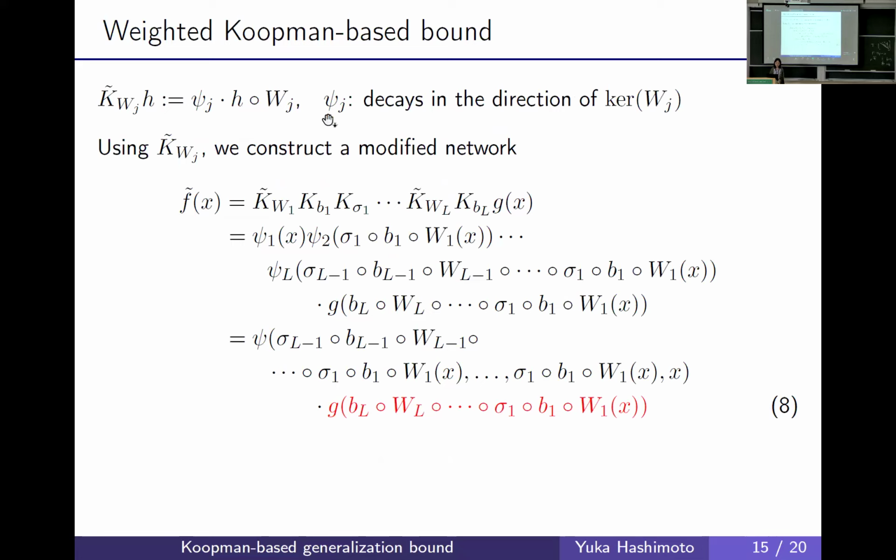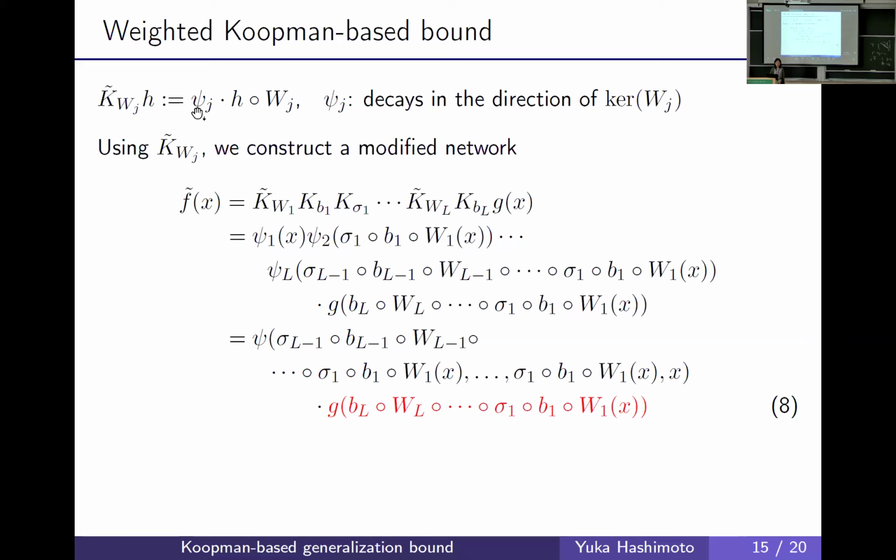Here we consider a function that decays in the direction of the kernel of the weight matrix, and we consider the Koopman operator and the multiplication of this function. This is called the weighted Koopman operator.